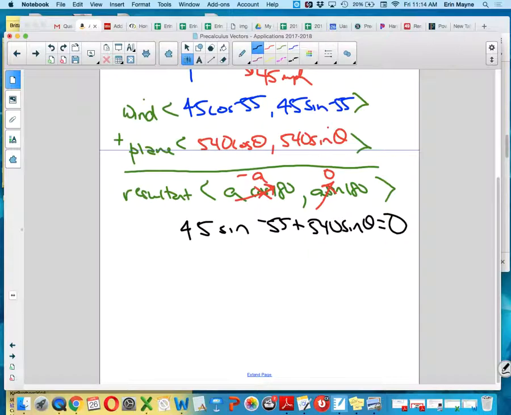Without the wind, we don't know what angle it's going. We just know we want to go due west. Negative 36. You have to set it to something else.